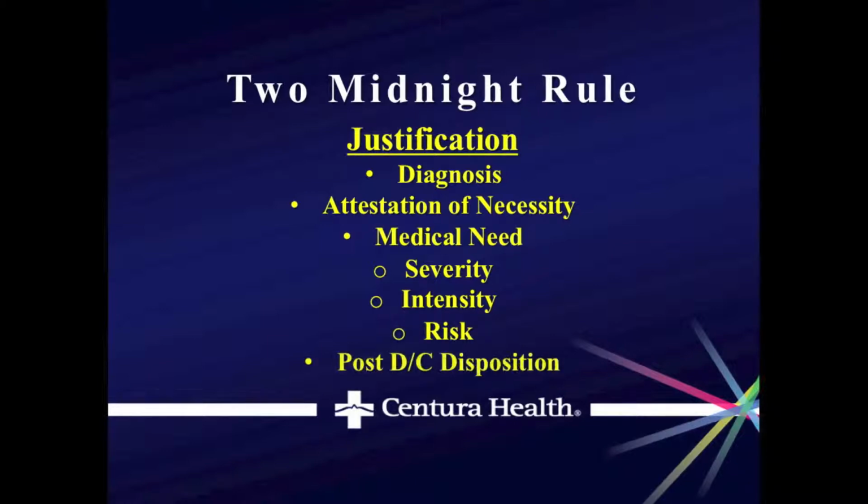And finally, 4, you should include a tentative assignment for the post-discharge disposition, such as home or skilled nursing facility. For both observation and extended recovery placement, you should document the diagnosis and your rationale for a limited stay.